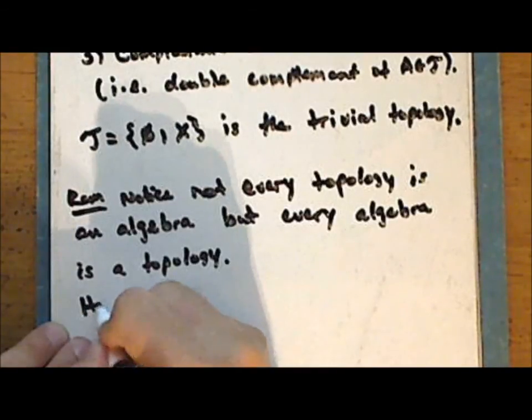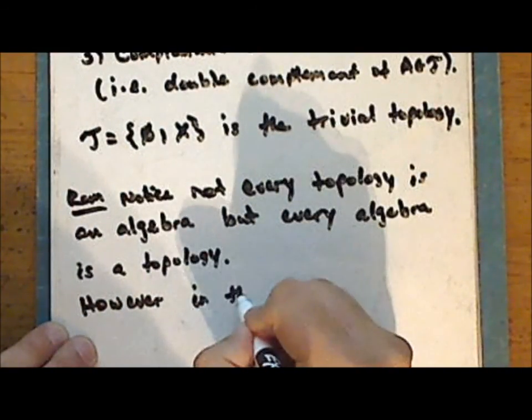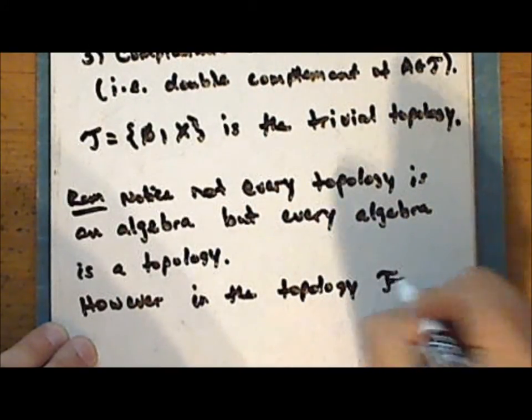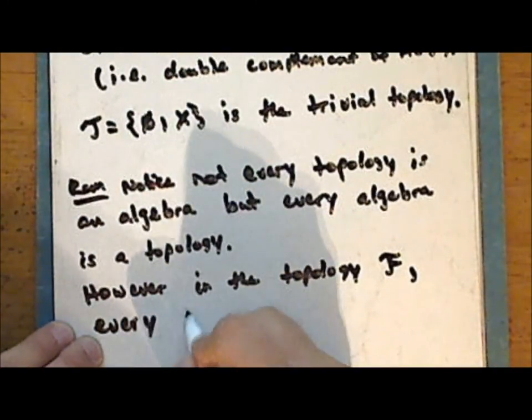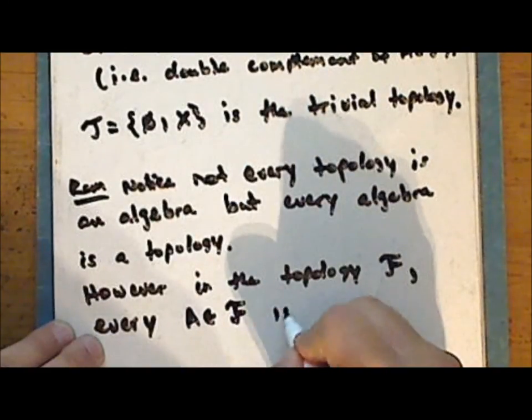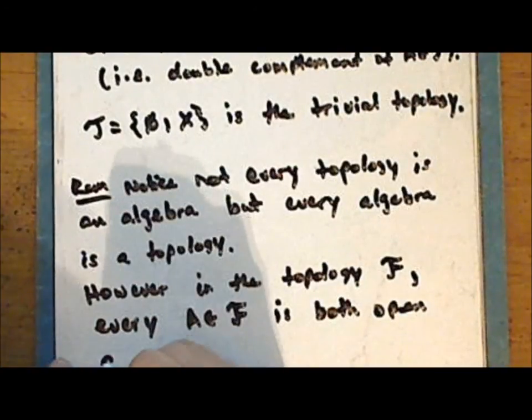However, in the topology F, every subset in the collection F is both open and closed.